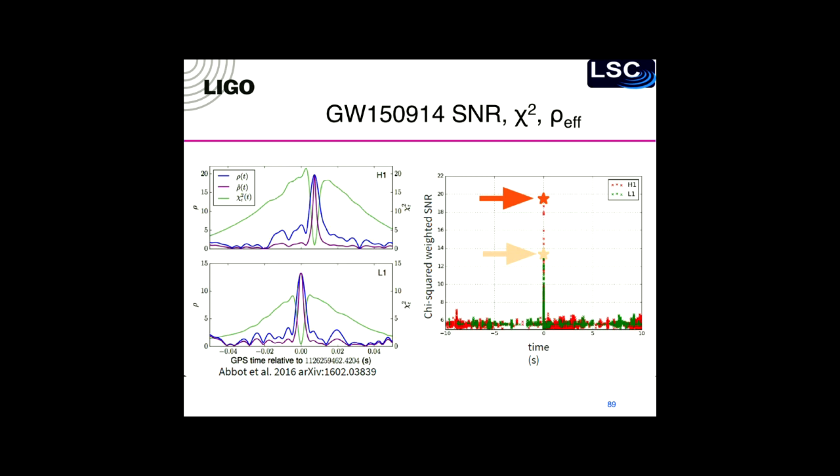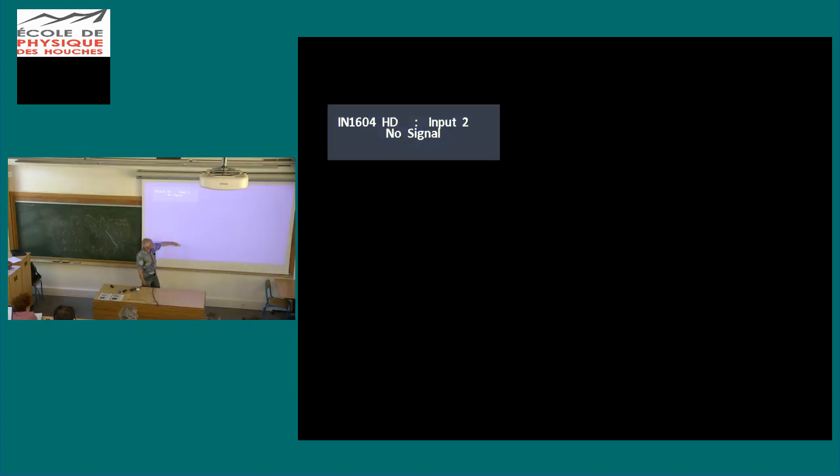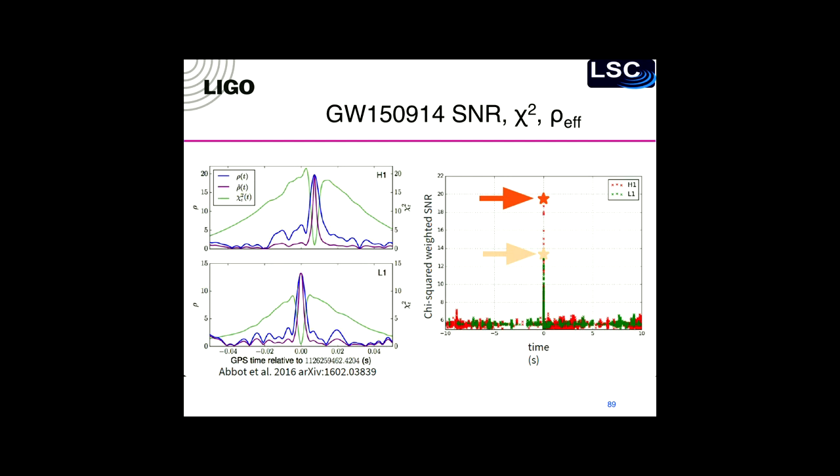Okay. Oh, and this is just an example for 150914 of how the SNR peaks loudly, the chi-squared dips dramatically, and the chi-squared weighted SNR peaks to the same level because the chi-squared is 1, so the chi-squared weighted SNR is going to peak at the same place, but it's narrower.